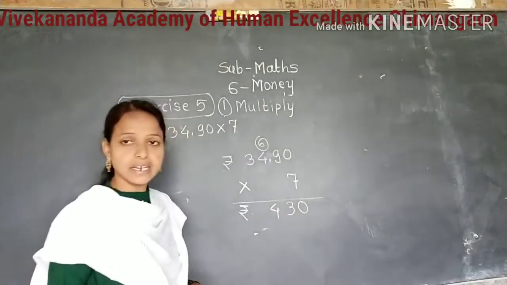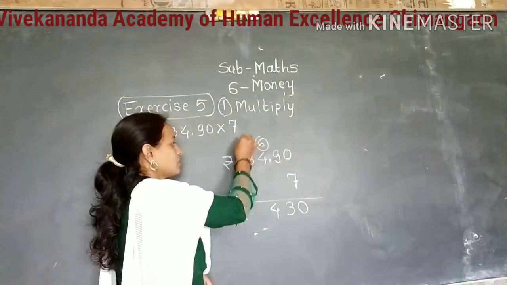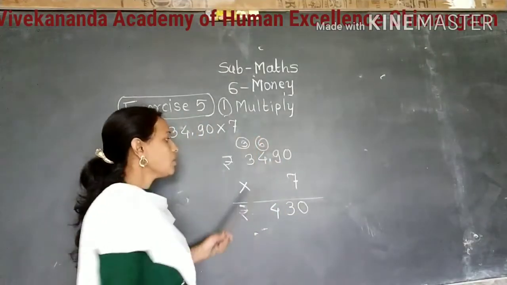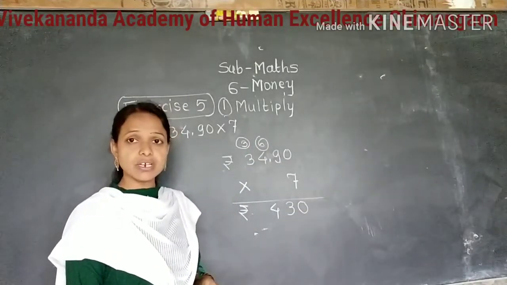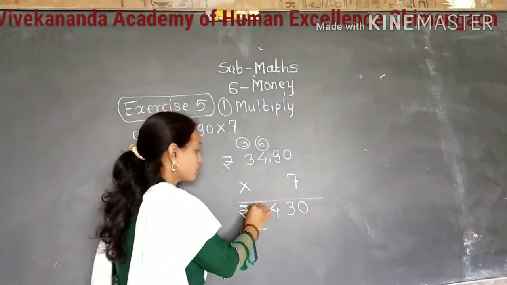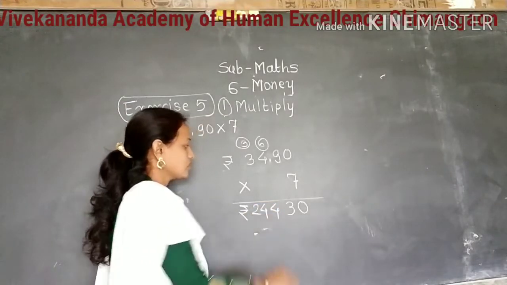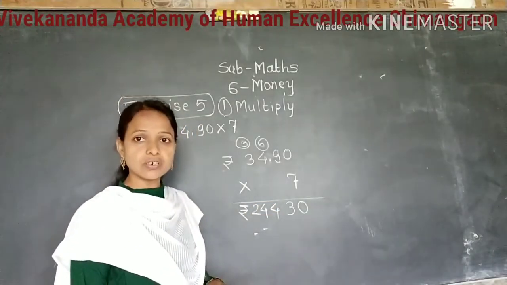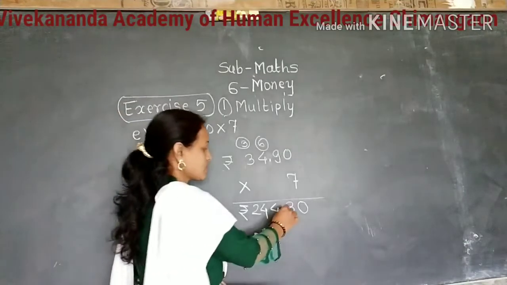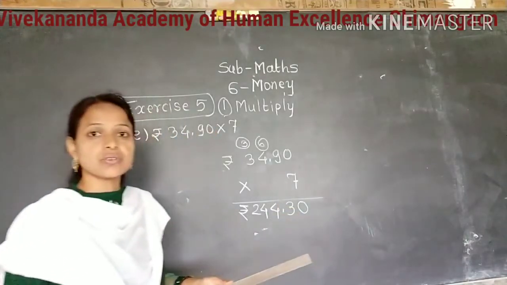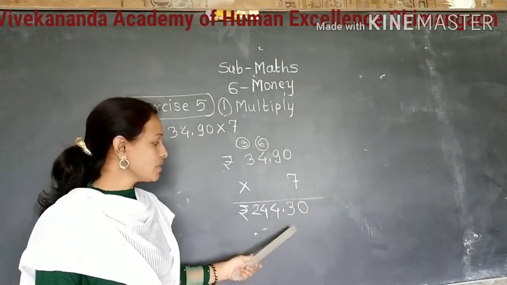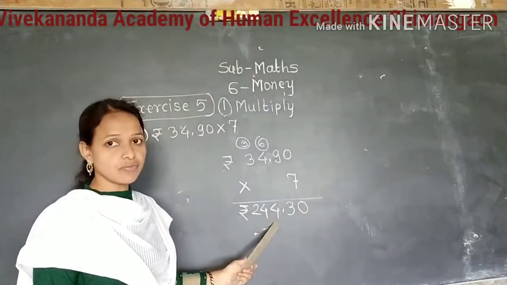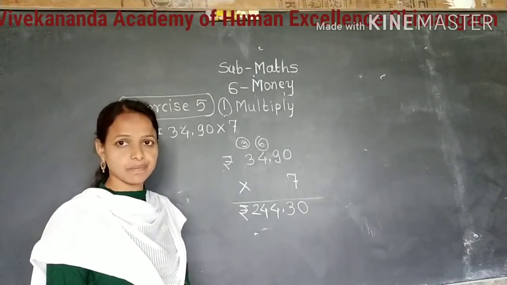So 4 right here and 3 carry. Now multiply 3 by 7. 7 3s are 21. 21 plus 3 carry is 24. Now put the dot from the right two places. So here we multiply 34 rupees 90 paise by 7. We get the answer 244 rupees 30 paise.